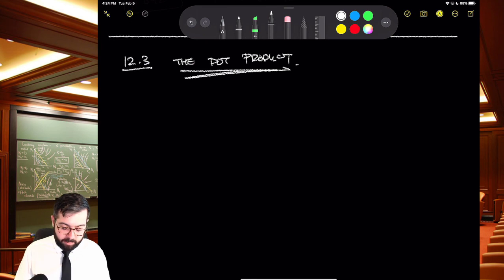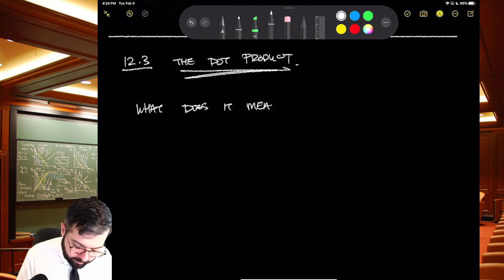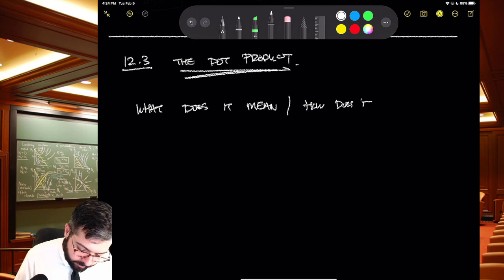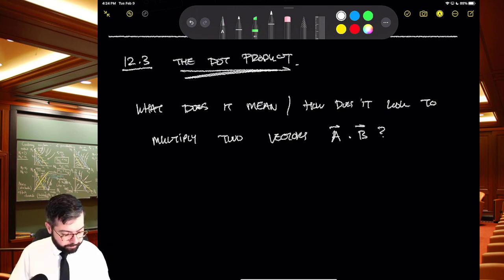I'm going to look at the dot product, right? I'm going to try to answer the question, what does it mean? And how does it look to multiply two vectors? Or even three vectors.